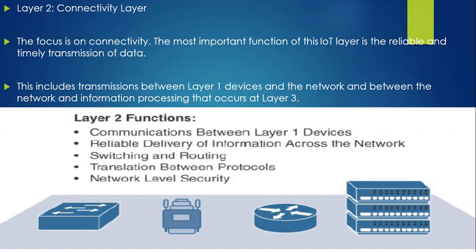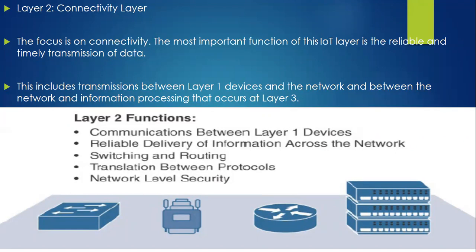And one more thing is that reliable information should be transferred, which means security is the main aspect here. This includes transmission between the layer 1 device and the network, and between the network and the information processing that occurs at layer 3. So this is the mediator between layer 3 and layer 1.